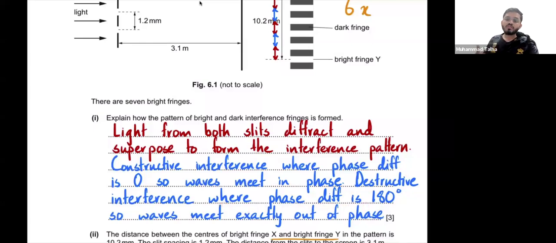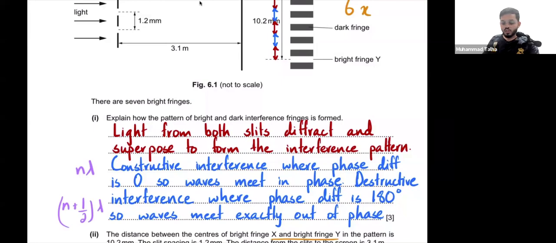You could have also given this entire answer exactly like this, but in terms of path difference. In that, you would say that for constructive interference, the path difference is an integer multiple of the wavelength. I'm talking about this idea, n lambda. And for destructive interference, you would say it's an odd multiple of half wavelengths.